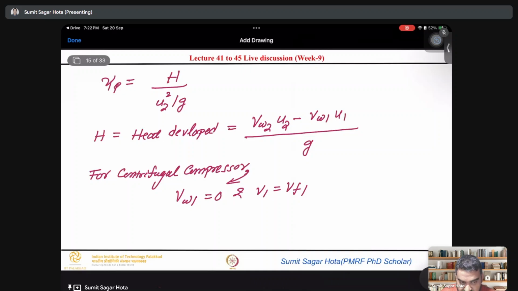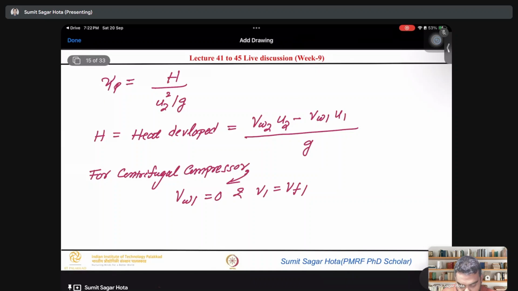So substitute and find the H value. In the expression, Vw1 will be 0 and V1 is equal to Vf1.